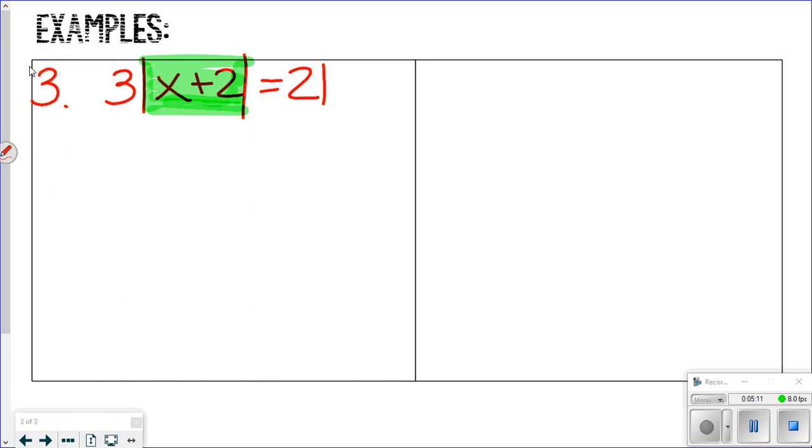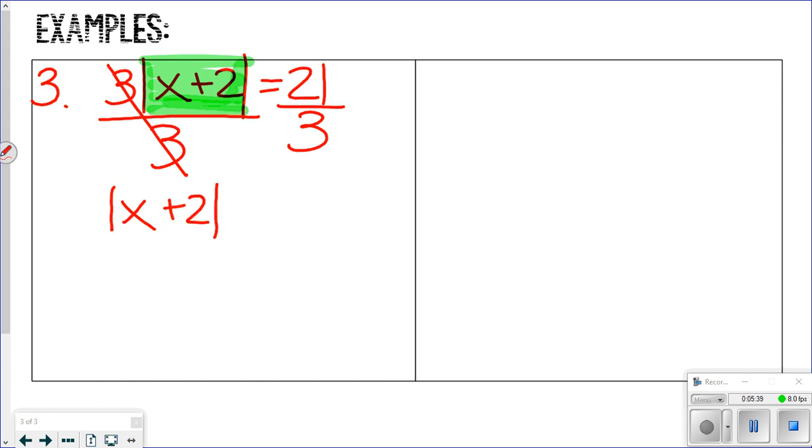If you're looking, you see that there's a 3 out in front. 3 is really close to those absolute value bars, so that means they're being multiplied. So the opposite of multiply is to divide by 3, and that cancels. Divide by 3. So this is step 1, isolating your absolute value expression. So what we're left with is the absolute value of x plus 2 equals 21 divided by 3 is 7.